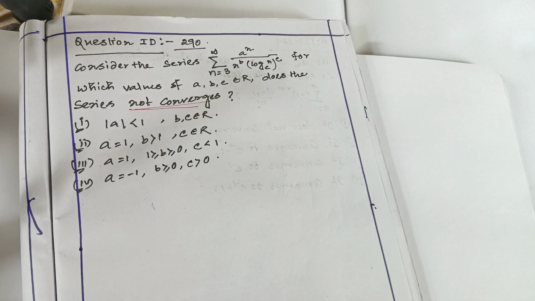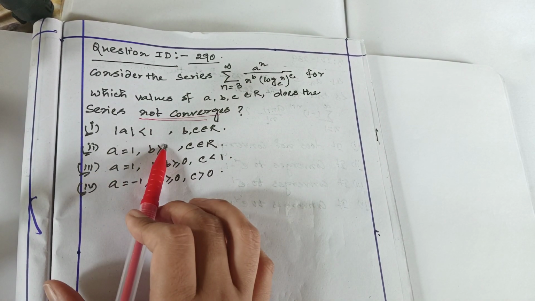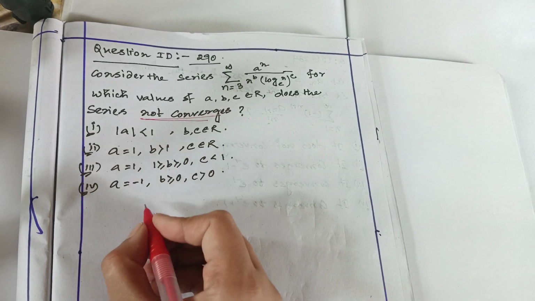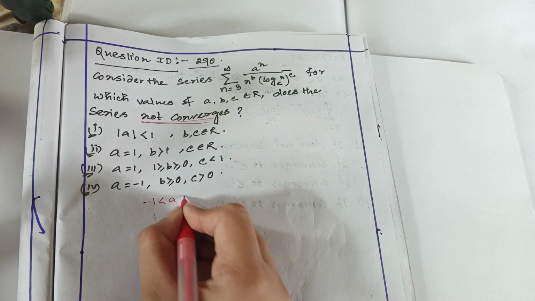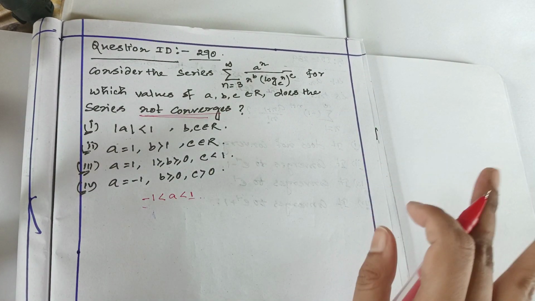Okay. So first option: mod a less than 1, b, c belongs to R. Mod a less than 1 means -1 less than a less than 1, and b, c can be any real number.